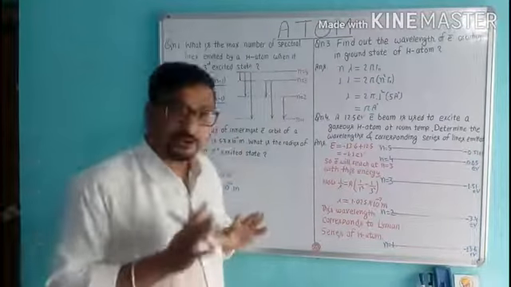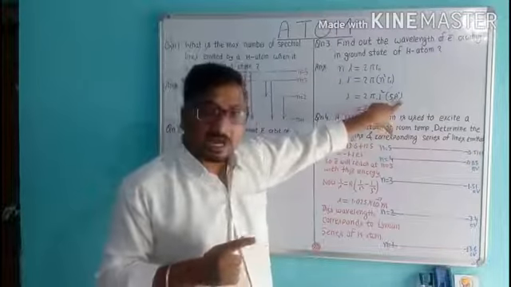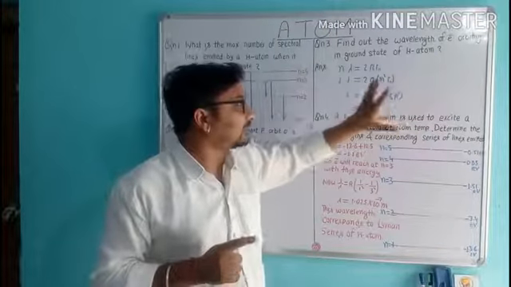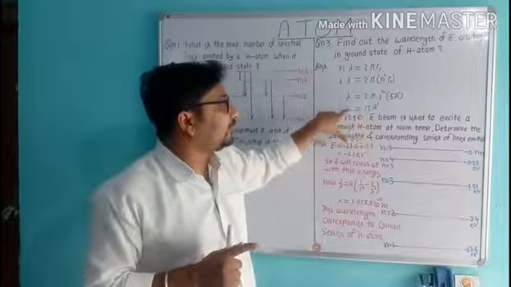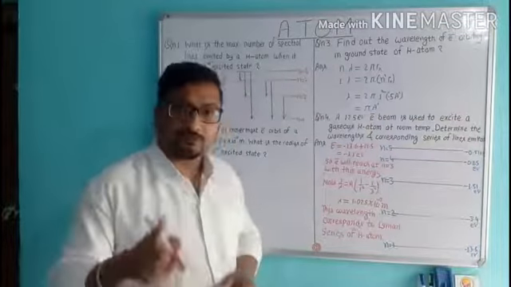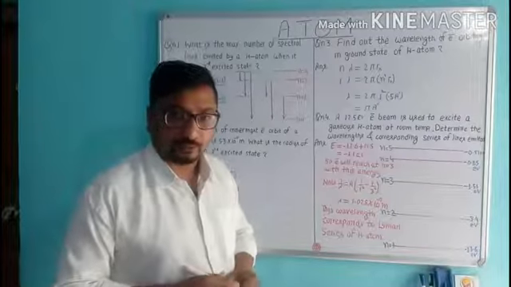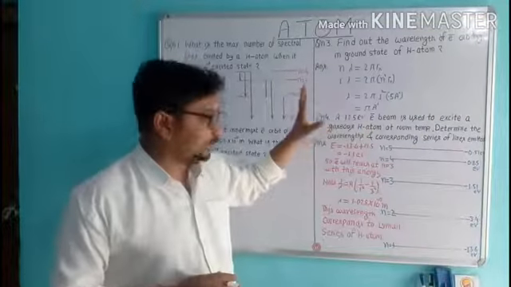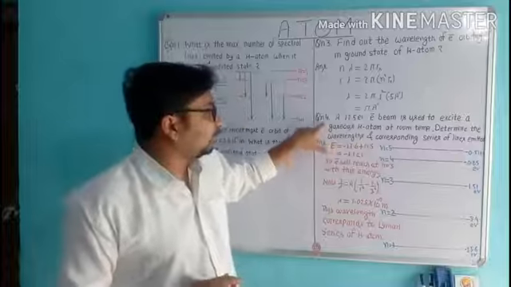Now we are using angstrom, 0.5 angstrom. Then after solving we get wavelength is equal to pi angstrom, or you can say 3.14 angstrom.